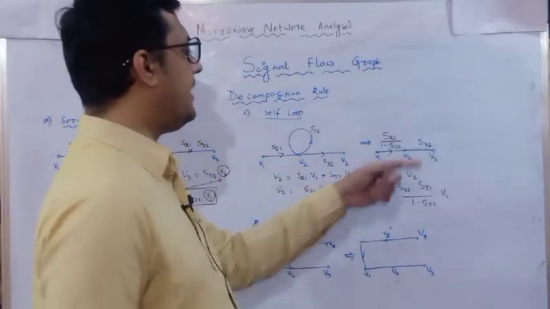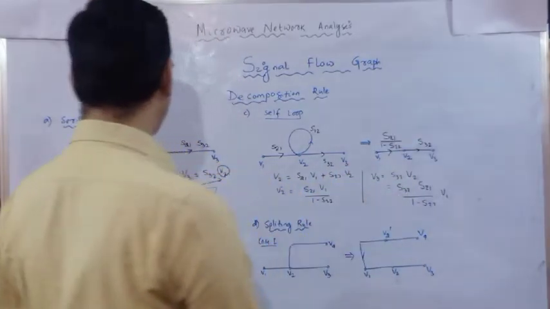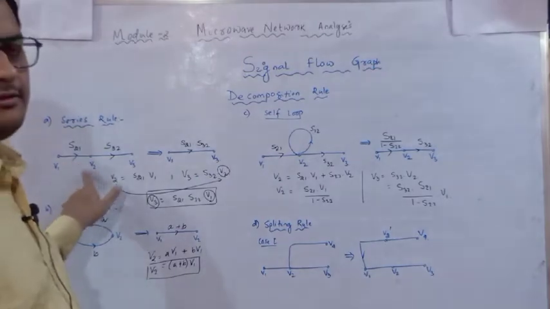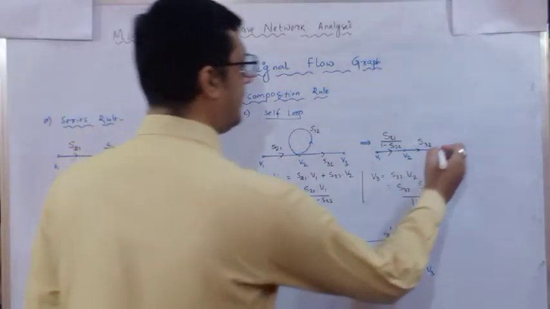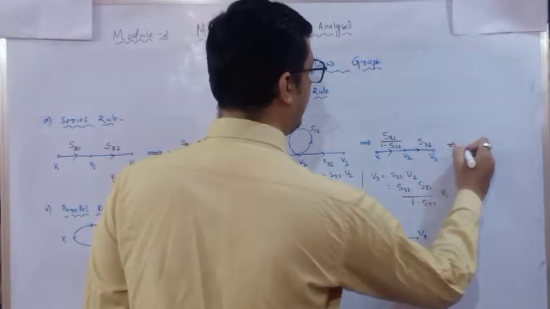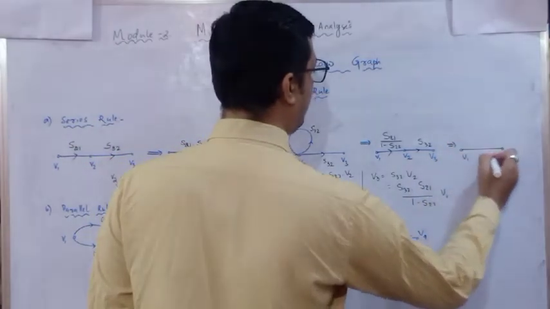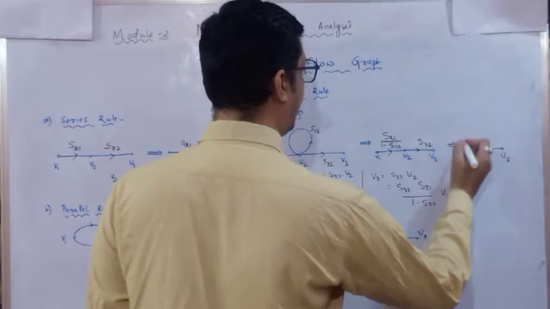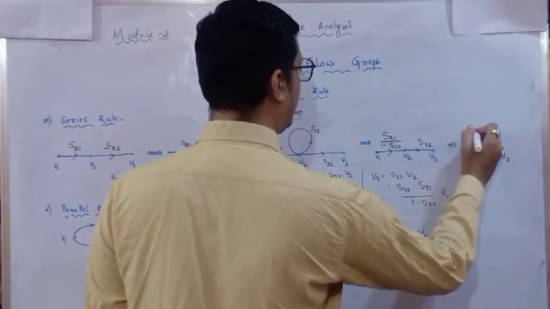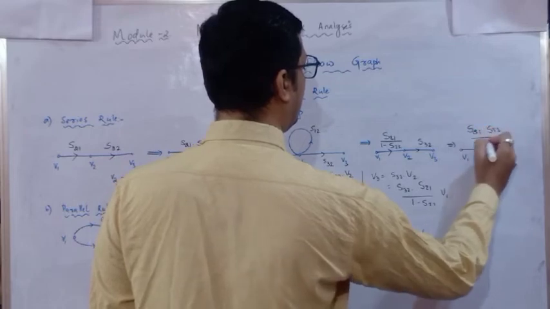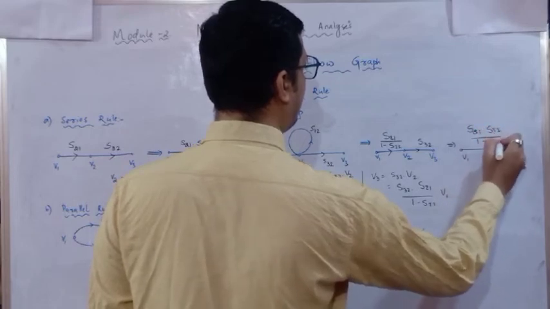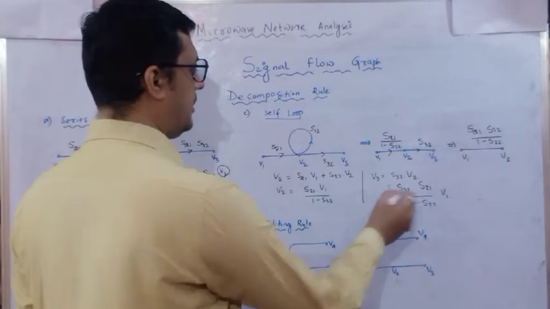Now since again it follows the series rule, you can see here it is a series rule. So series rule means you have to multiply the scattering parameters. So when you multiply, you will get two nodes V1 and V3, and your total scattering parameter is S21 S32 divided by 1 minus S22. So here we have proved it.